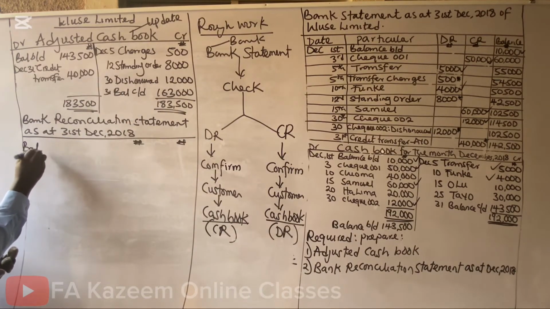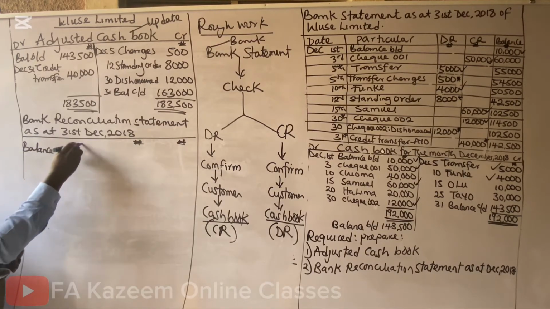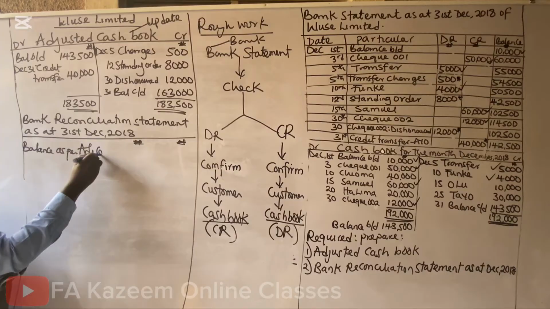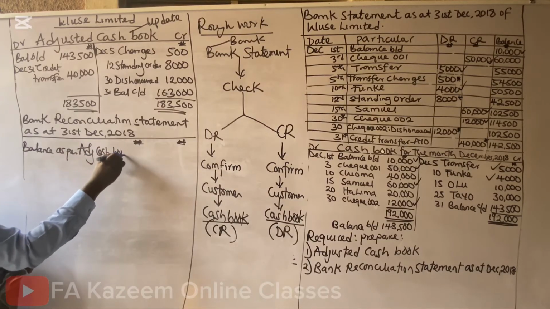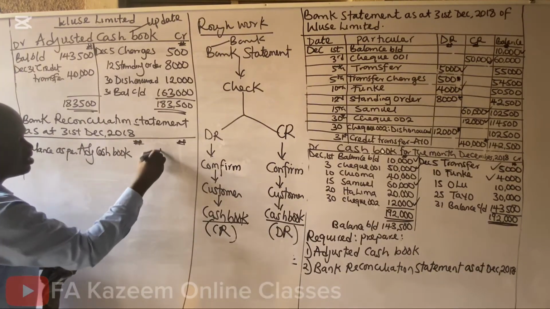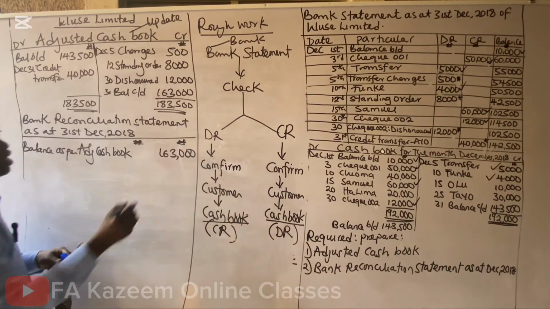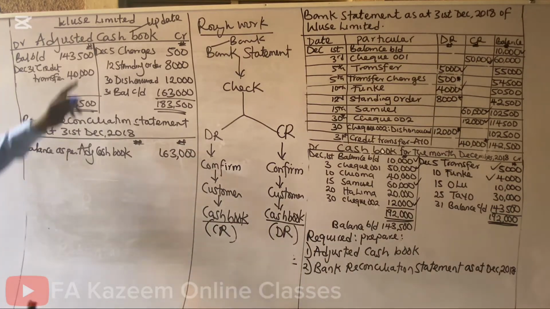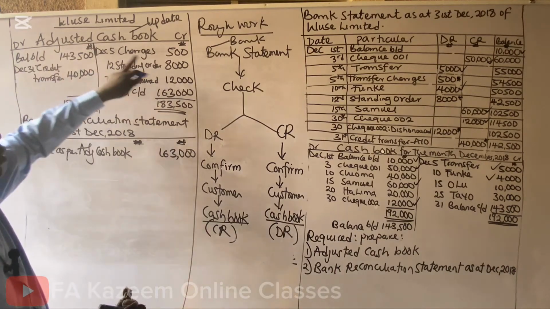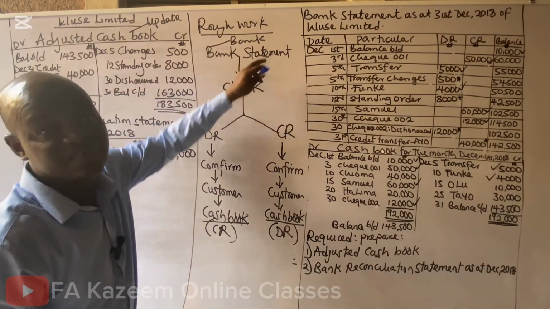You come here, balance as per adjusted cash book. That is 163,000.